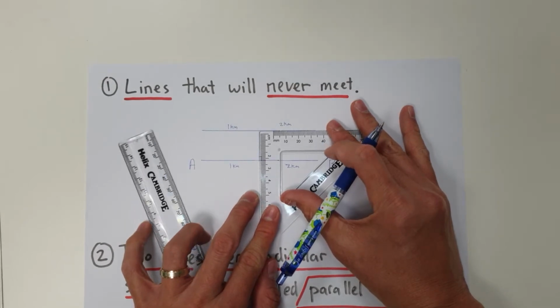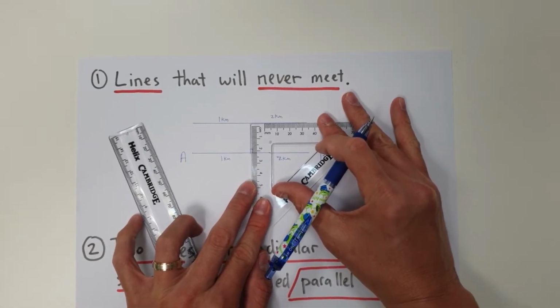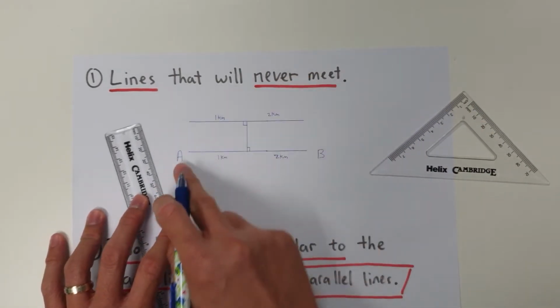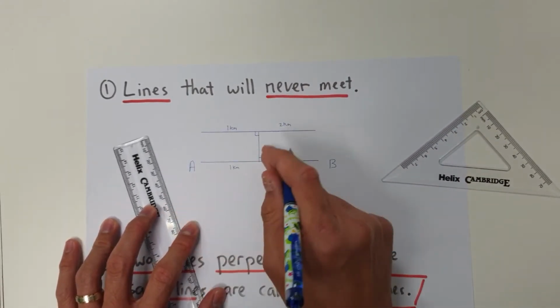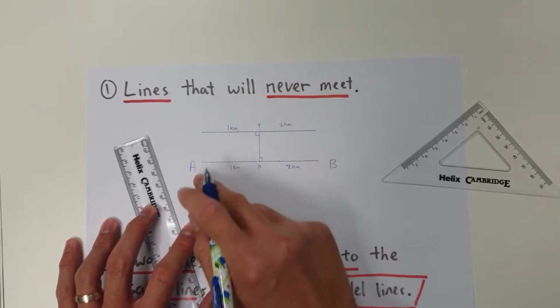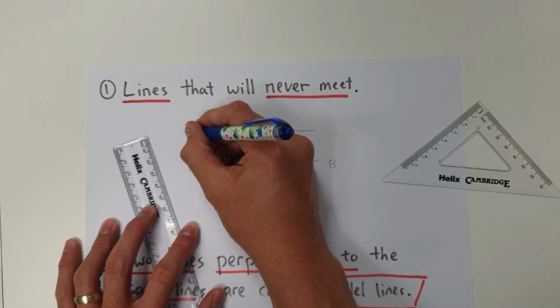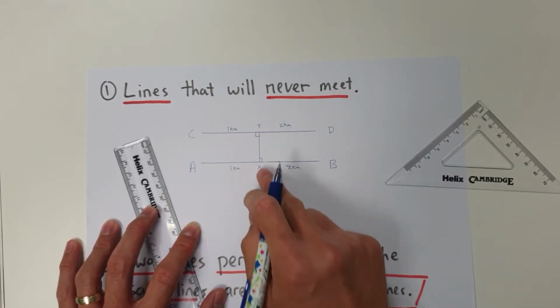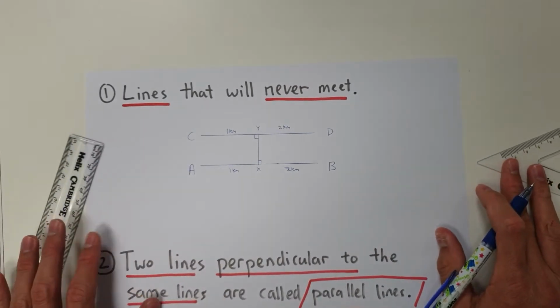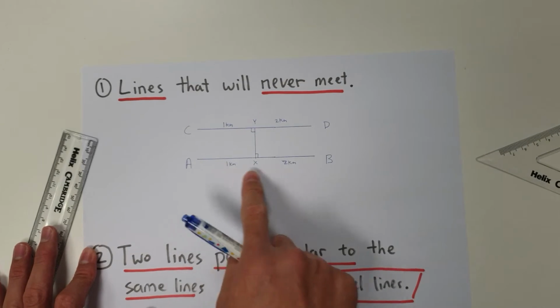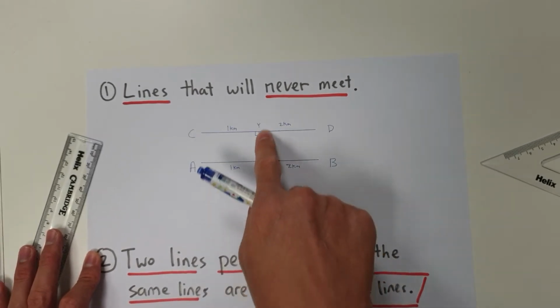If I were to use my ruler and set square to check, both sides are perpendicular. So line AB is perpendicular to XY, and line CD is perpendicular to YX. That's what it means by two lines are perpendicular to the same line.